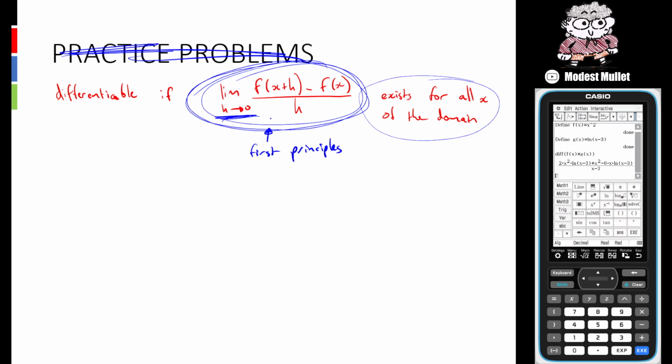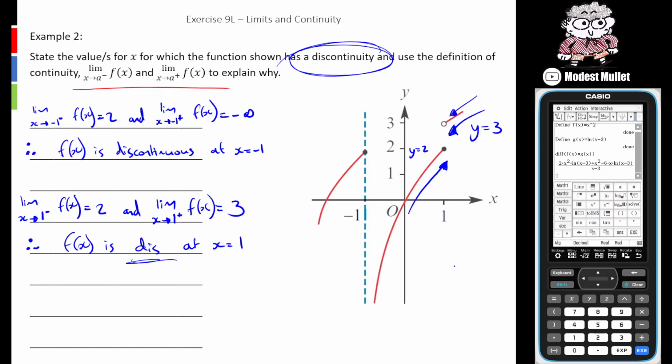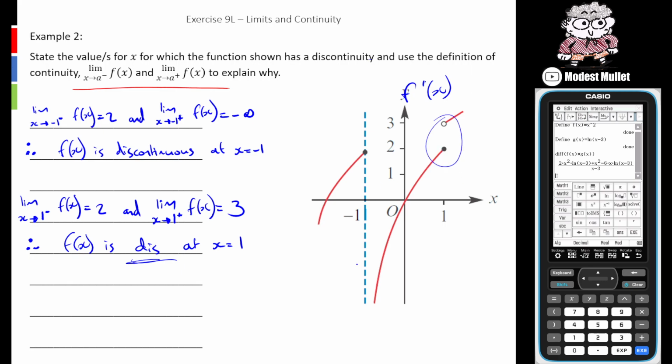So what happens if we run into especially a situation that looks like this, where that's not the case? Where if we've somehow found differentiation via first principles, and this is actually a graph of f dash of x, this is a graph of the gradient, well, what happens at this point here?